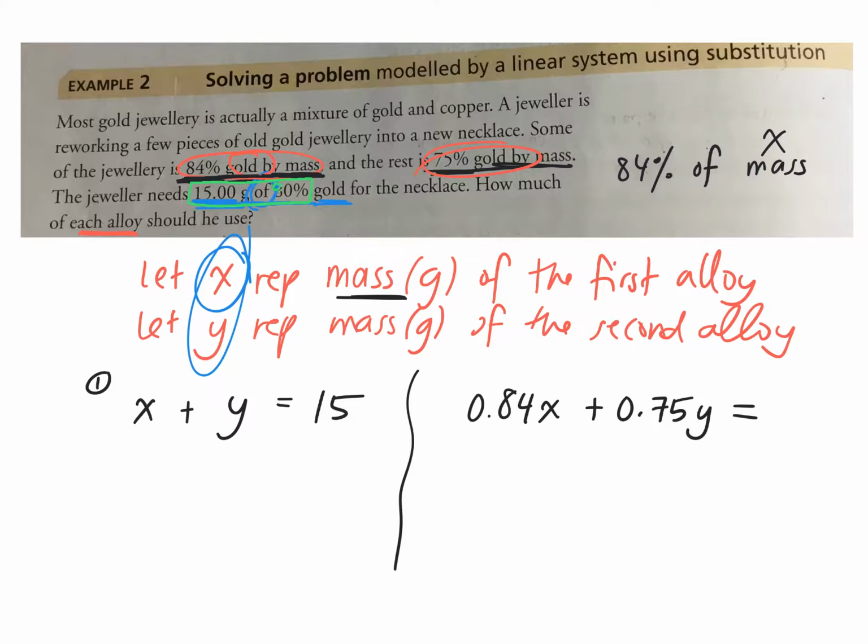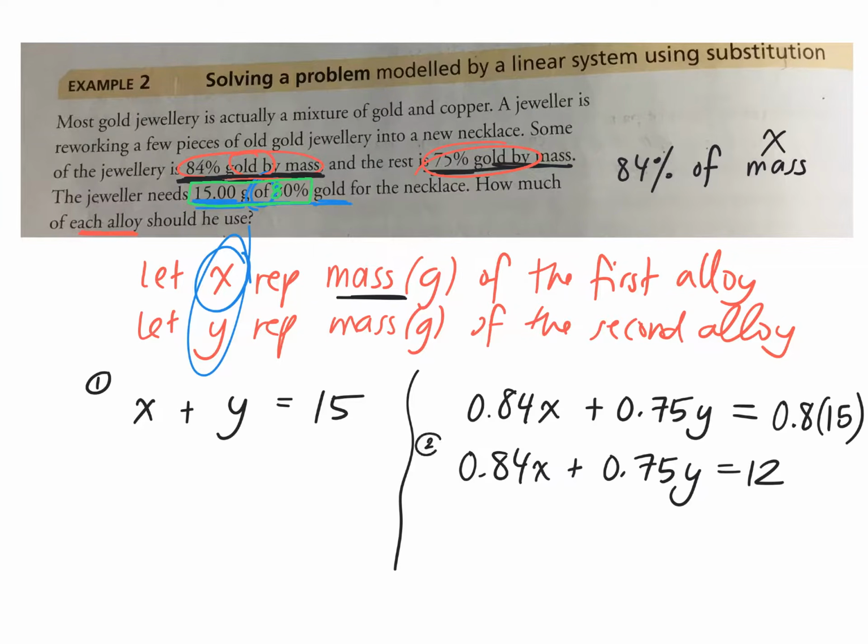How would you write that? Yes, 0.8 times 15, right? Can you simplify that? 80% of 15 is 12. So it becomes 0.84x plus 0.75y is equal to 12. And that is our second equation.